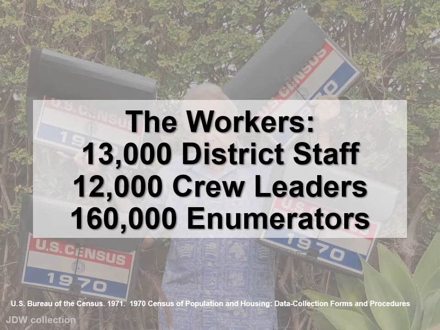There were 13,000 district staff, 12,000 crew leaders, and 160,000 enumerators. Those are approximate figures. That doesn't include all the people who analyzed the information. And I'm going to go through this and show you some interesting documents I have. Most of them I've not put online, but obviously they're here on this video.